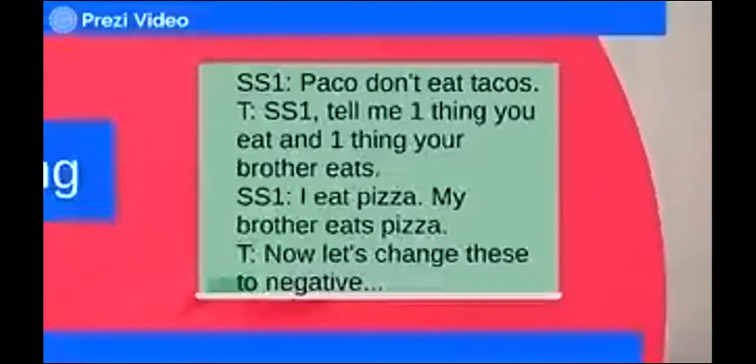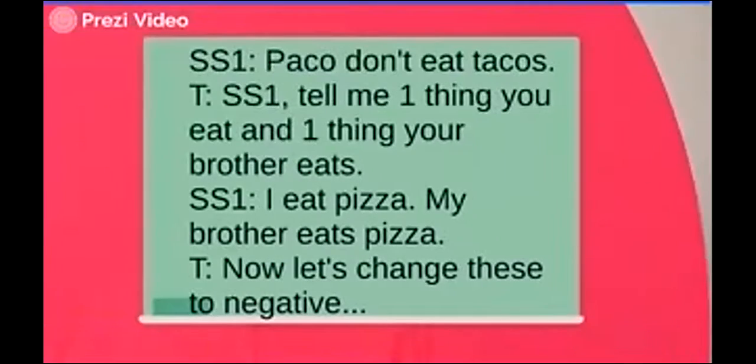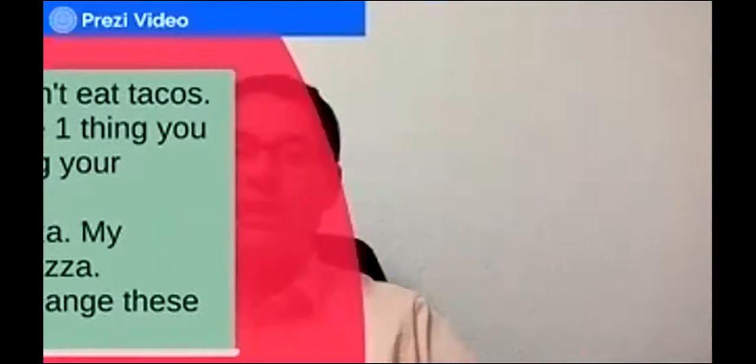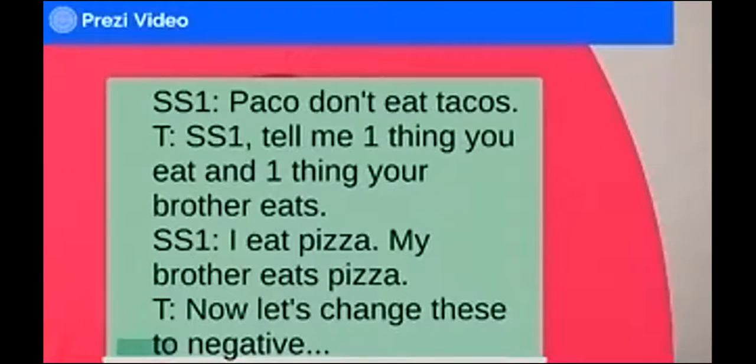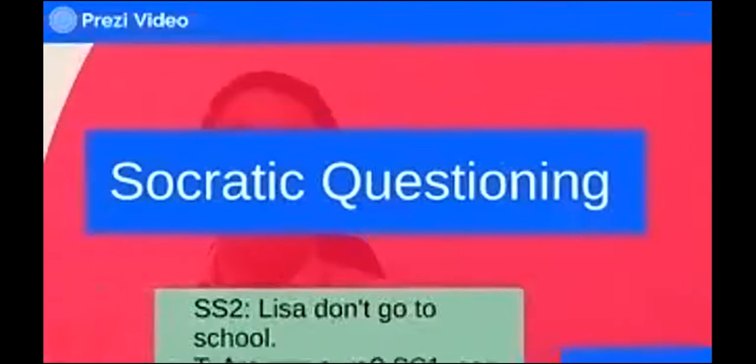And this is an example where I can use the student's correct use of the S, eats, to help the student navigate. This is something that we can call Socratic questioning, where you are using questions to guide the student.